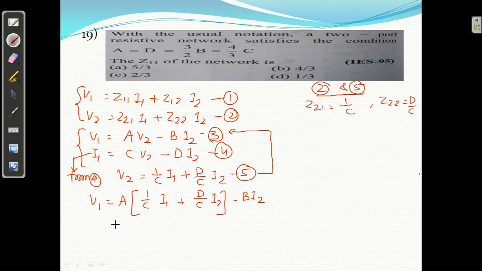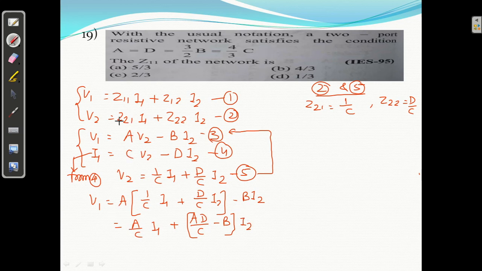So you will get V1 equal to A by C I1 plus (AD by C minus B) I2. I am getting this.